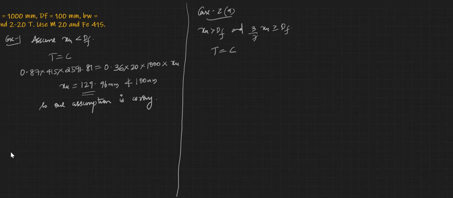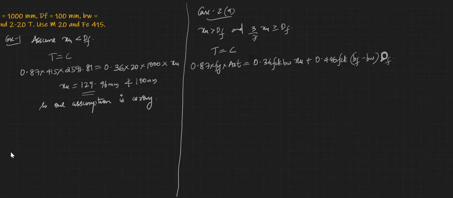Total tension, 0.87 Fy AST, is equal to C1, which is 0.36 FCK BW into XU, plus C2, which is 0.446 FCK (BF minus BW) into DF. You are clear about how to find this. If you are not that clear, you can draw a sketch on the side and derive this equation.